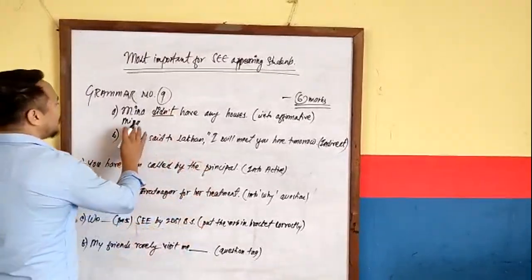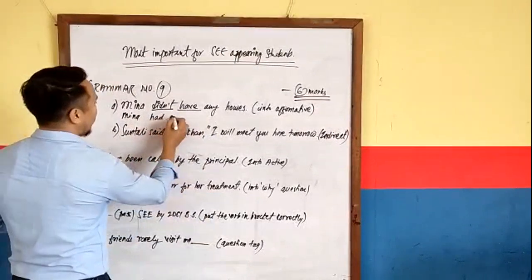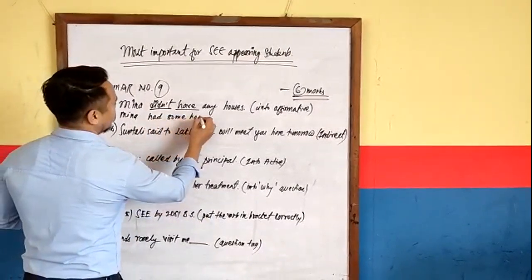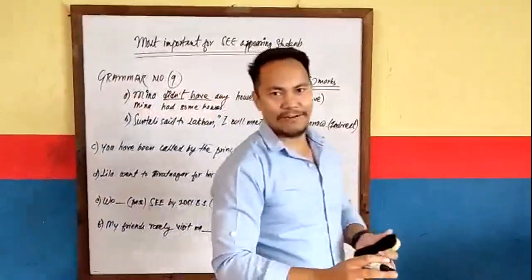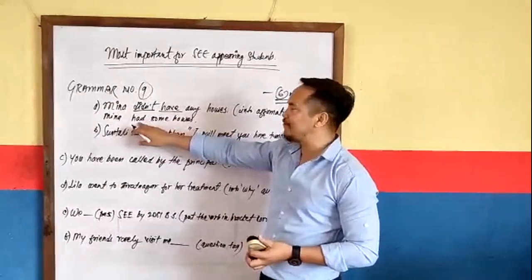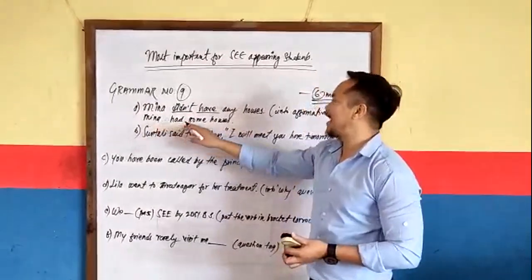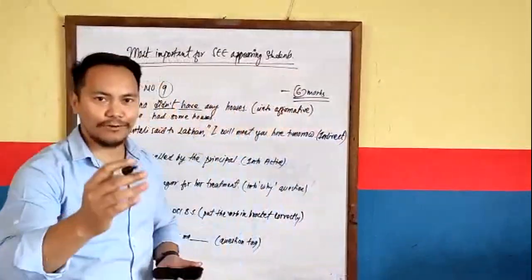We all know this. Meena have changes into had. Meena had some houses. Now the sentence is affirmative. We removed didn't by the main verb had. Meena had some houses is the answer for question number A. I hope you believed it and you understood it.